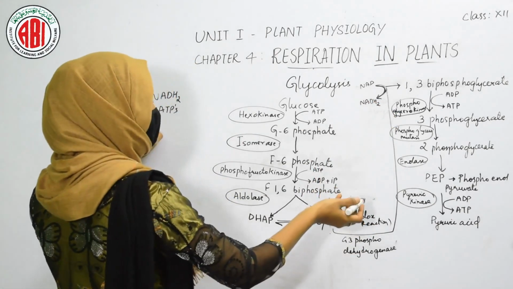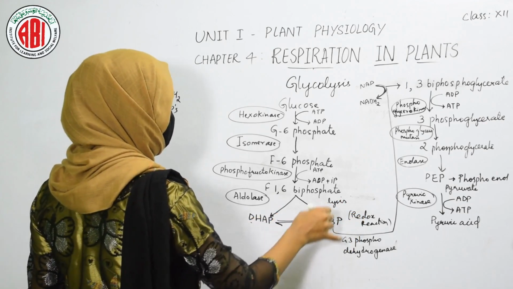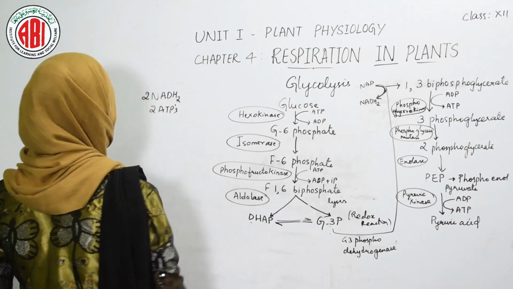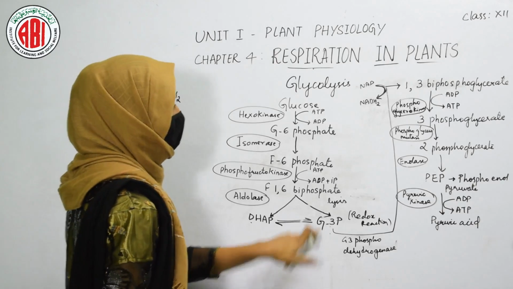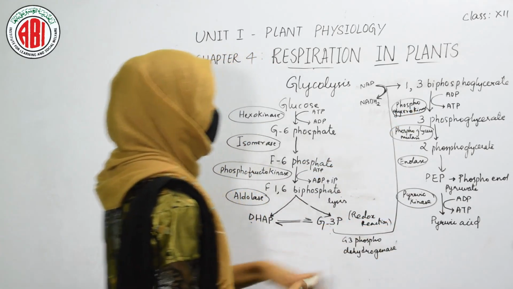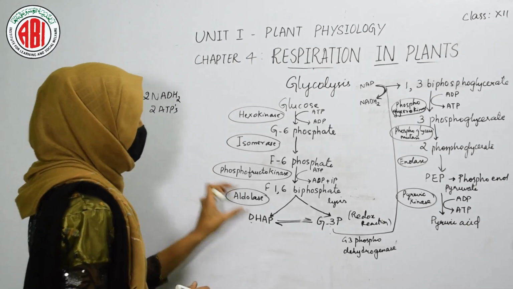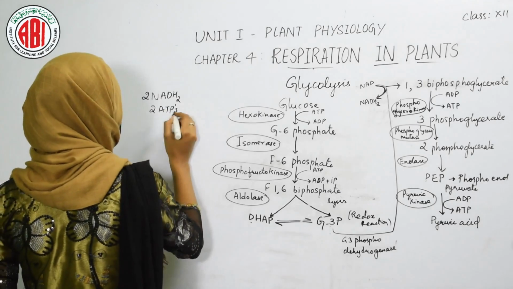Then one more NADH2 will come after the conversion of dihydroxyacetone phosphate into glyceraldehyde 3-phosphate. So in total we will be getting 2 NADH2 molecules, and here glyceraldehyde 3-phosphate will give 2 ATP molecules. Then after the interconversion of dihydroxyacetone phosphate into glyceraldehyde 3-phosphate, again we will be getting 2 ATP molecules.